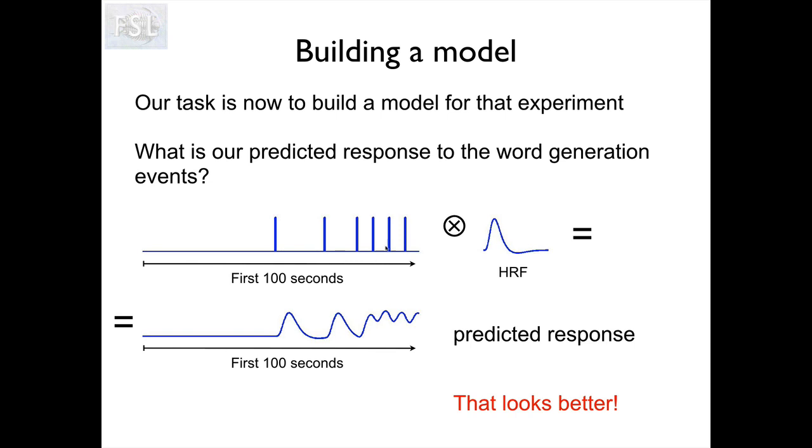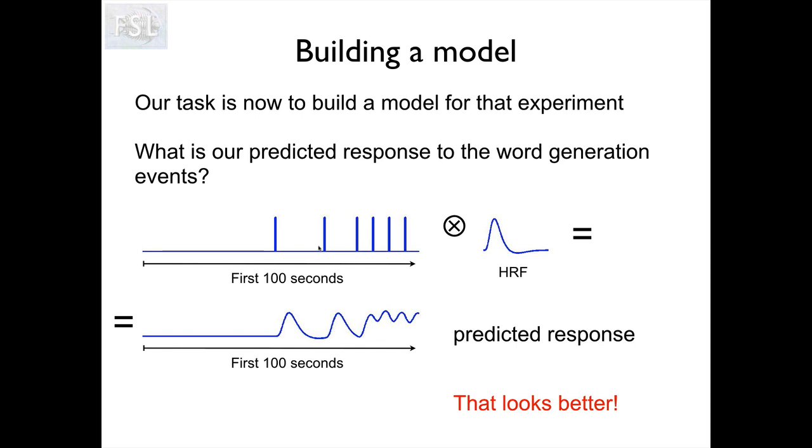So, in order then to come up with a predicted response to a number of events with these timings, what we do is we take these timings, this stick function, or this train of sticks, and we convolve that with the HRF. And what a convolution is, it's simply a mathematical operation that operates on two functions, and the result is a third function.